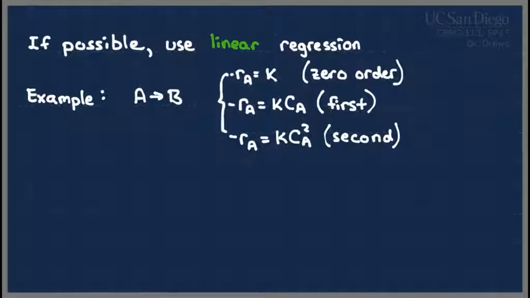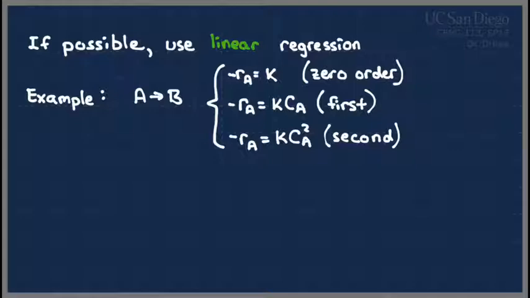For example, you could propose that it's elementary, which in this case would be first order, but you would still have to check the data to see if it actually is first order or not, which is why I said when we first introduced elementary reactions, that was an assumption. The assumption was that some reactions will follow an elementary rate law. It need not be the case. The way that you check it is by doing exactly what we're going to describe right now.